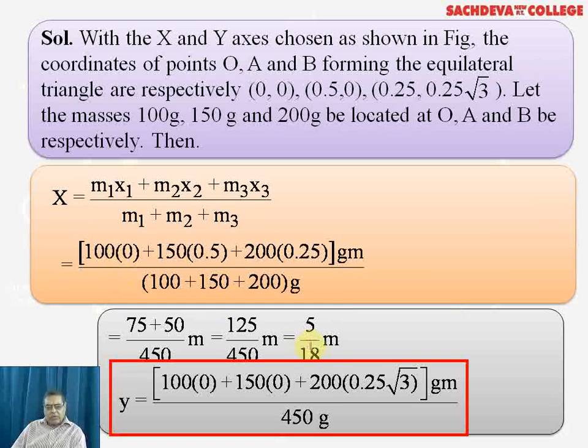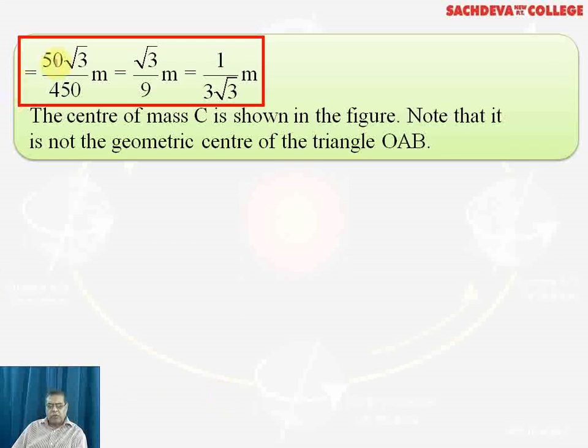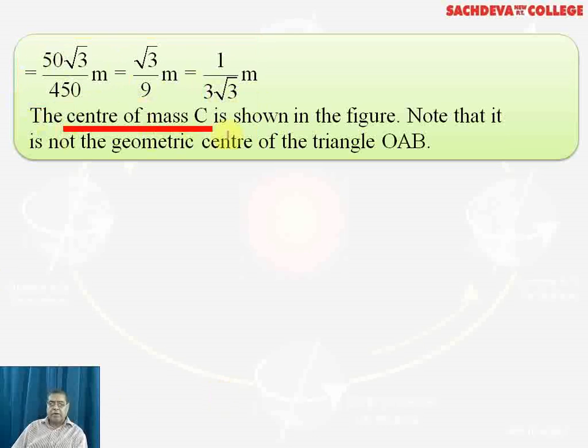Now the same calculation we carry out for y, but we will use the formula m1y1 plus m2y2 plus m3y3 divided by m1 plus m2 plus m3. Then we compute the values and we get the value of y, which is found to be 1 over 3 root 3 meters. The center of mass C is shown in the figure. Note that it is not the geometric center of OAB.